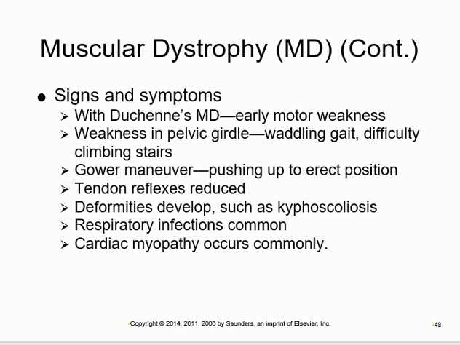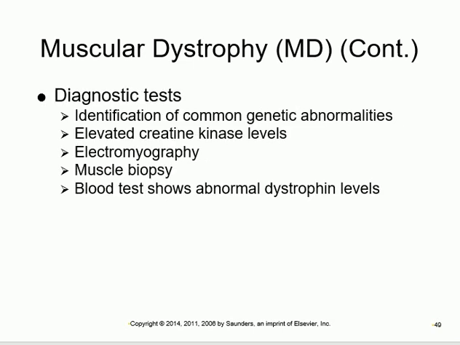Something unique: if this is a child who cannot climb the stairs, he can just go 4 or 5 steps and stop, he might be having Duchenne muscular dystrophy. There are other things, deformities like kyphoscoliosis and respiratory problems and everything, but the most important to remember is this. The pelvic girdle is specifically weak, so they cannot climb the stairs and have a waddling gait.